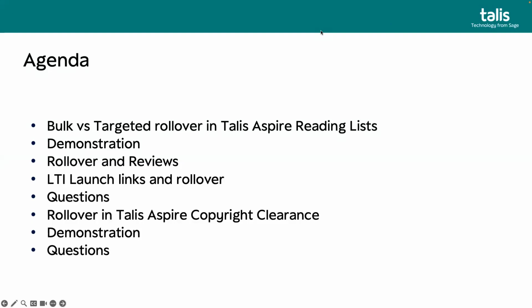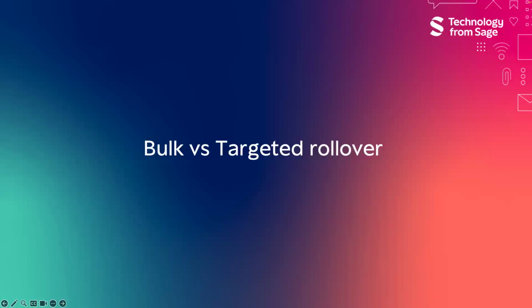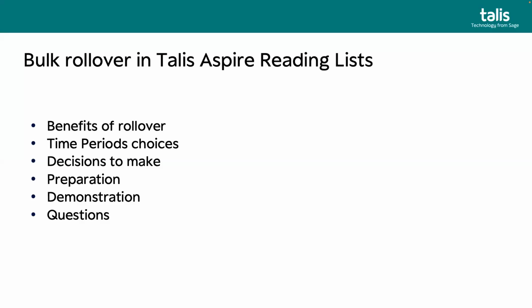So let's start by considering the different ways you can roll over. There is what we call bulk rollover, and there is what we call targeted rollover. Bulk rollover is the method that almost all of you are already using, or traditional rollover, or whatever you want to call it.